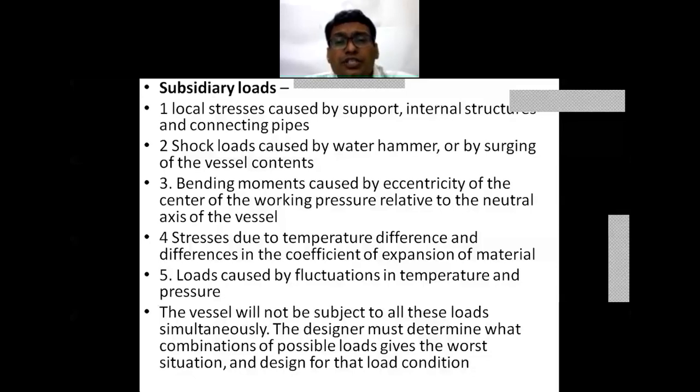Then the stresses due to the temperature difference and the differences in the coefficient of expansion of the material. If there are two different materials, then this factor of coefficient of expansion becomes more and more serious. But generally a single material of construction is used for vessel fabrication.